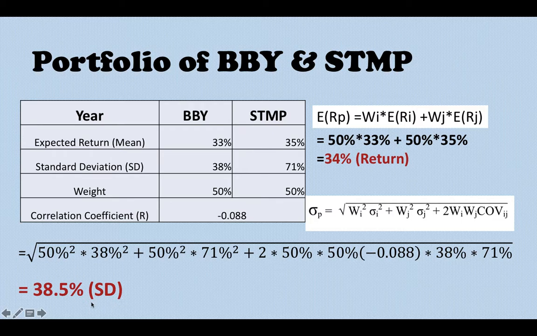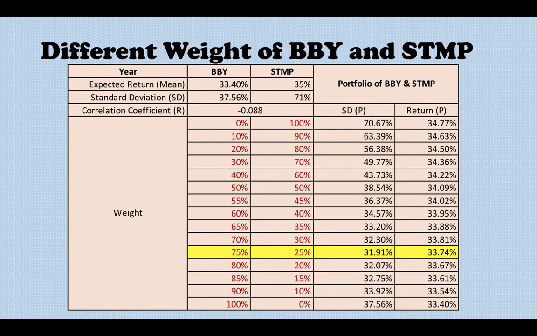You can see the standard deviation is just a little bit higher than Best Buy, but significantly lower than Stamp. So if you hold Best Buy and Stamp 50-50, you get a higher return than Best Buy with just a little more standard deviation, which is the risk.